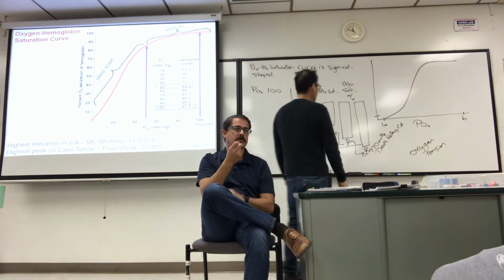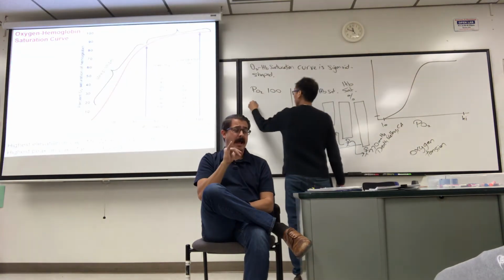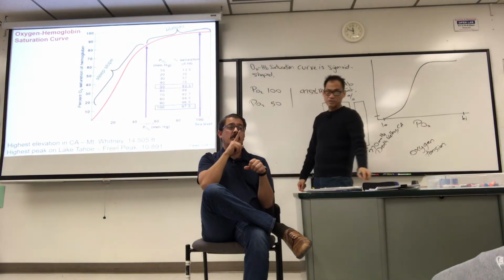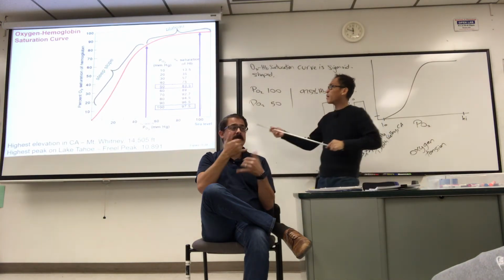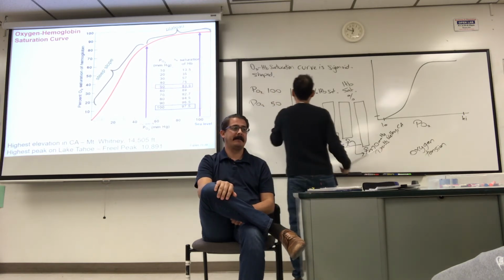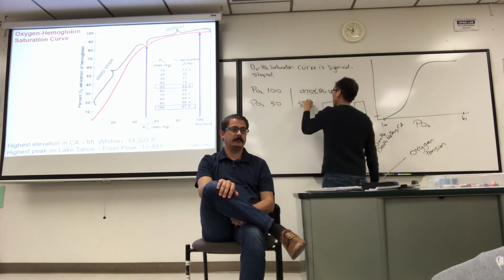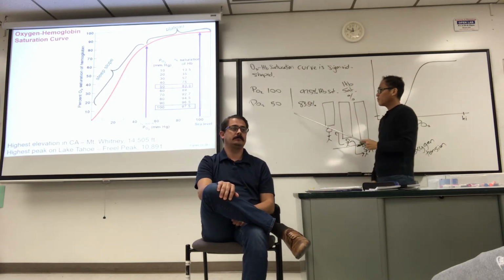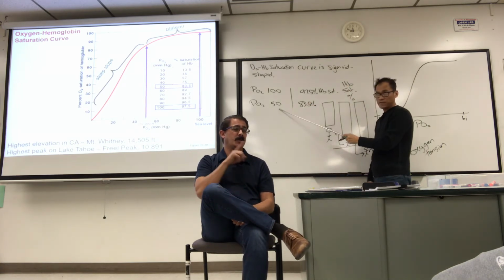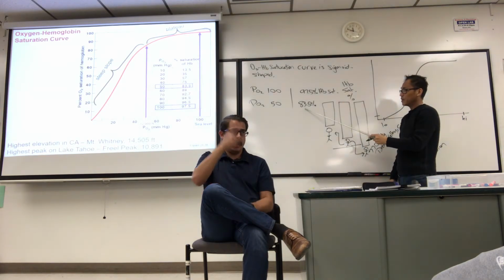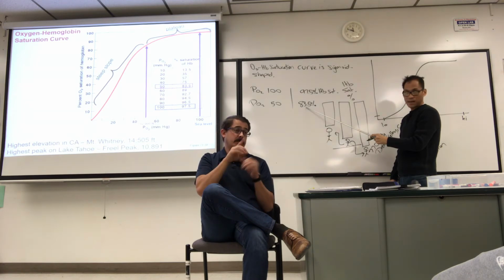But anyways, it's really low. At a PO2 of 50, you're actually still pretty well saturated at about 83.5%. So even though we've halved it from 100 to 50, the saturation isn't cut in half. It's actually remaining pretty high.